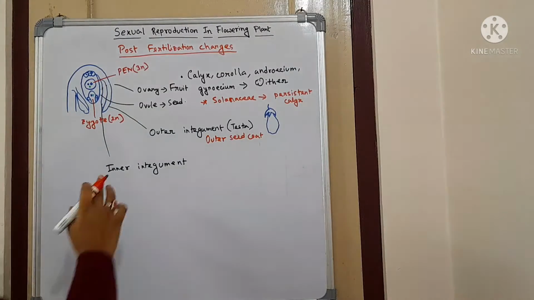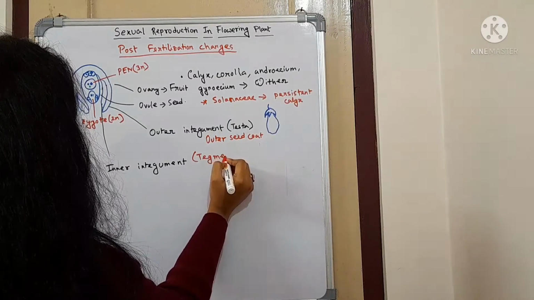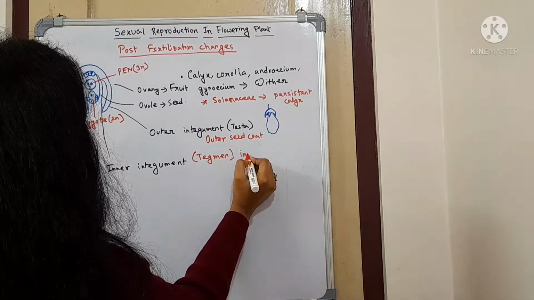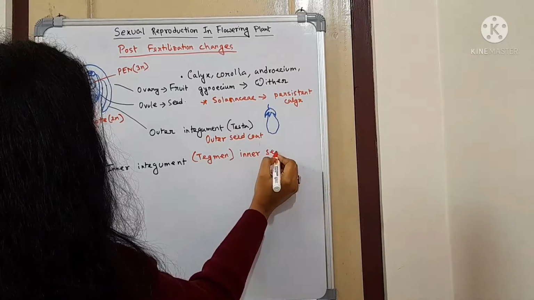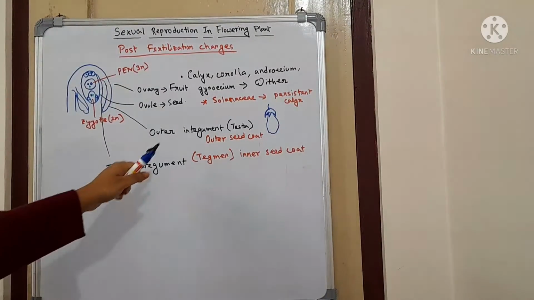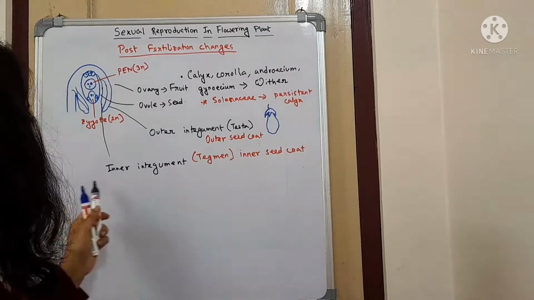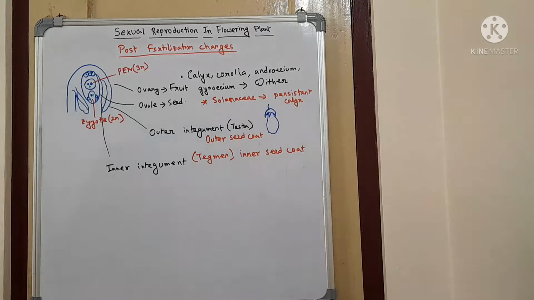And the inner integument will become the tegmen, that is the inner seed coat.